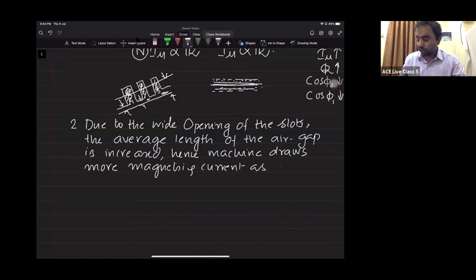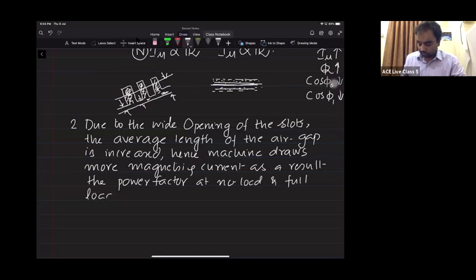As a result, the power factors at no load and at full load are very less. Very less.